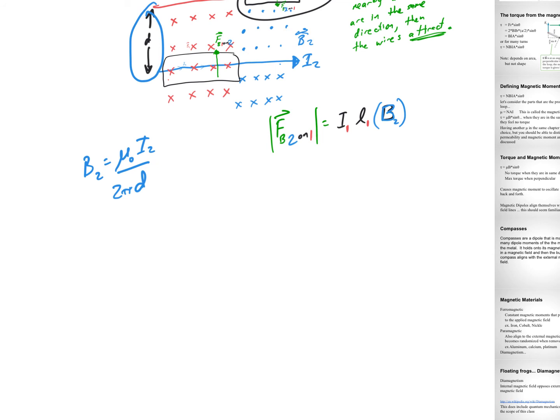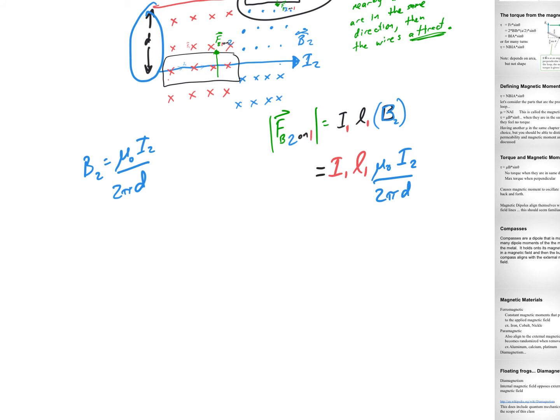I'm going to substitute that in. And I get I1 L1 multiplied by mu naught I2 divided by 2 pi d.